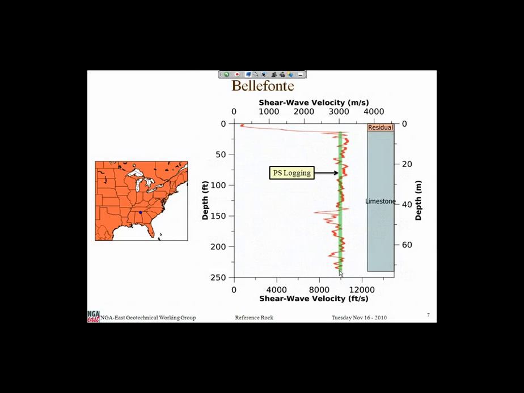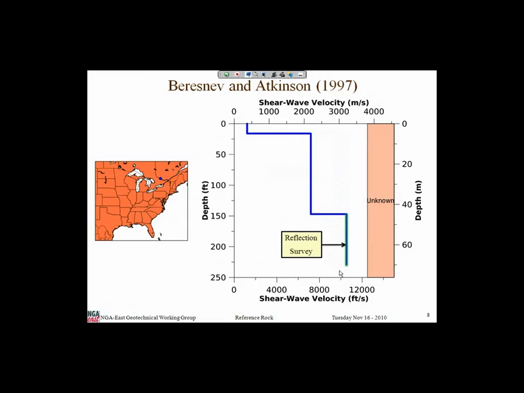This is, for example, the record at Bellefonte, and you can see that there's very little soil there, and the rock is shallow, and the velocity we picked there was around 3 kilometers per second. This is data from Beresnev and Atkinson up in Canada, and we had a bunch of that data that we used, and we consider this, for example, reflection survey data.